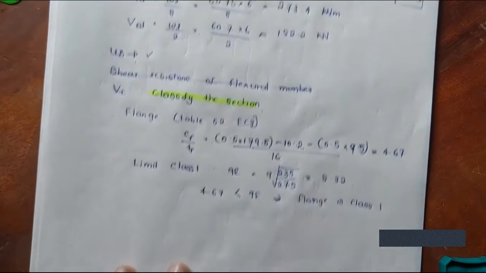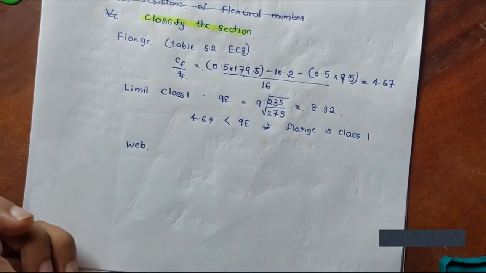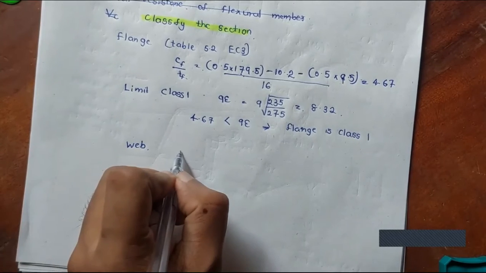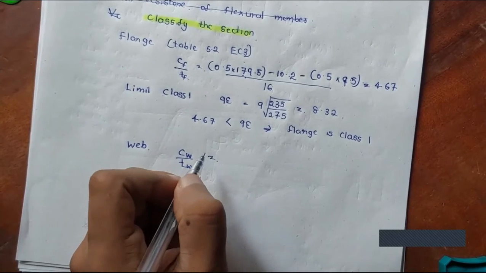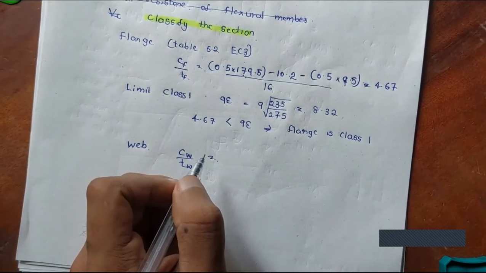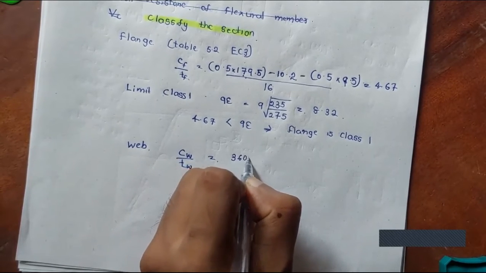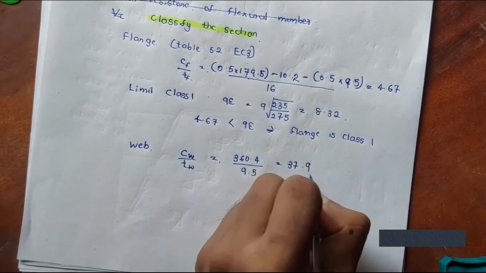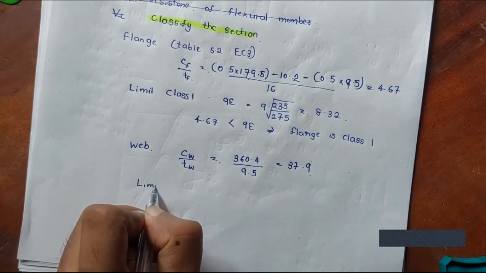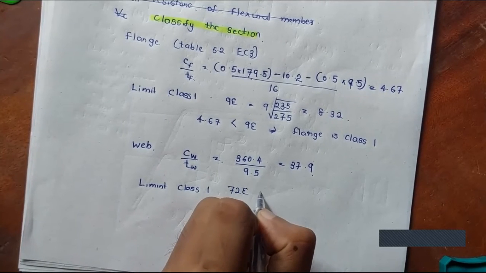So for the web, right, they are giving CW over TW, right? So that is the depth between fillets over the web thickness, right? Depth between fillets, so that's 5 over this one. So the limit for class 1 is 72 epsilon naught.